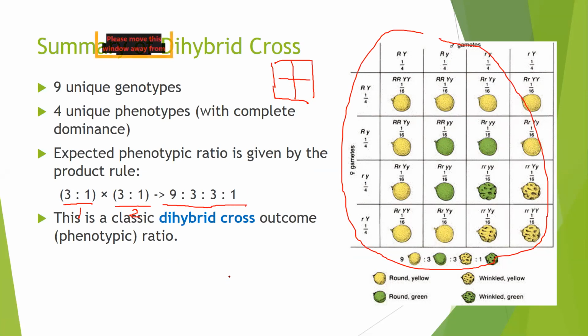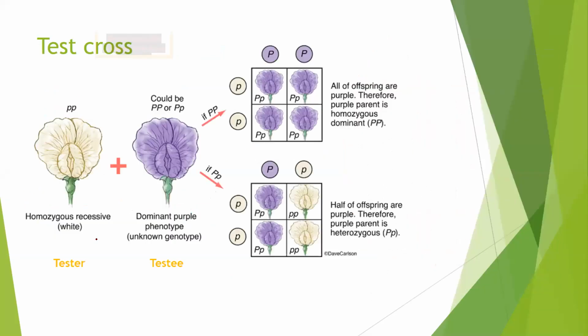We can extend this to three genes, the trihybrid. If three genes are located on three different chromosomes, we can multiply another 3:1 ratio here, and then you get the new phenotypic ratio for this trihybrid cross.